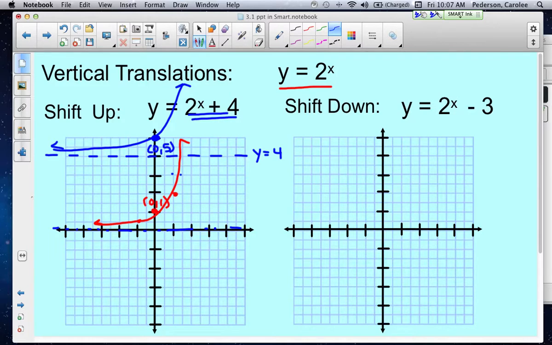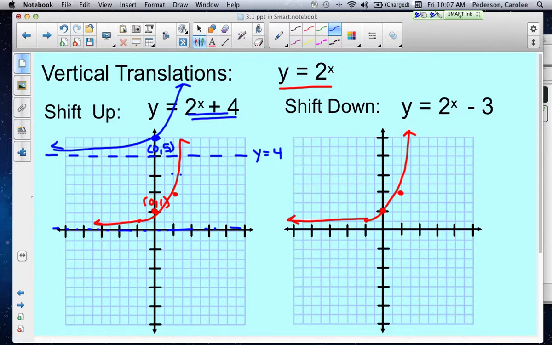All right, the next one is shifting down 3 units. So if I grab that same critical point of 0, 1, so there's my parent function. My new function, I'm just going to move that critical point down 3 units.